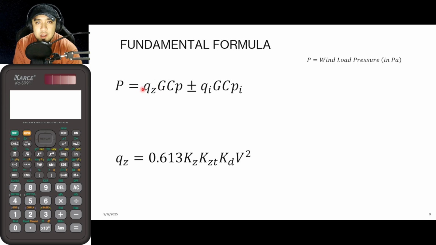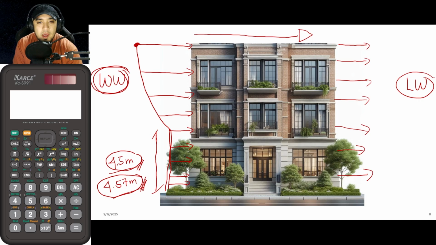Then qz is the velocity pressure evaluated at height z. In our case earlier, if you compare this part here with this part here, as you can see, guys, this part has a higher height, and this height here is what we call z.